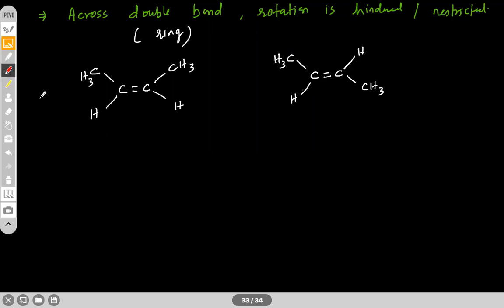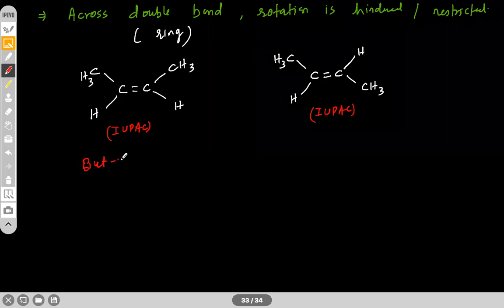What is the IUPAC name of this compound? The IUPAC name you can do easily because we have done it already. The IUPAC name is but-2-ene. And this one is also but-2-ene. Okay, same name we have.